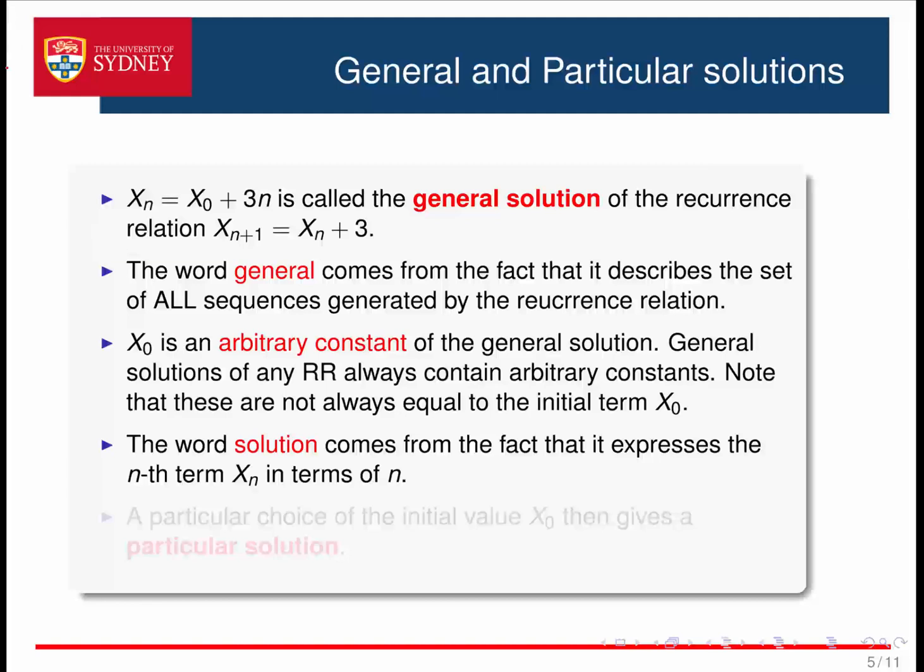This contrasts to using the recurrence relation to calculate the 100th term, where we would have to calculate every single term along the way. The equation xn is equal to x0 plus 3n can save us a lot of work by giving us the nth term directly. For this reason, we call this formula a solution to the recurrence relation.